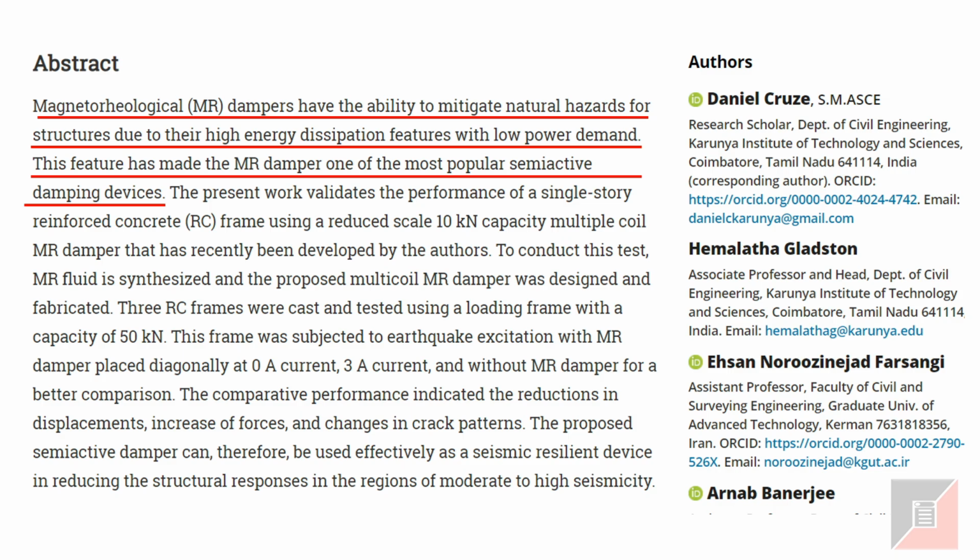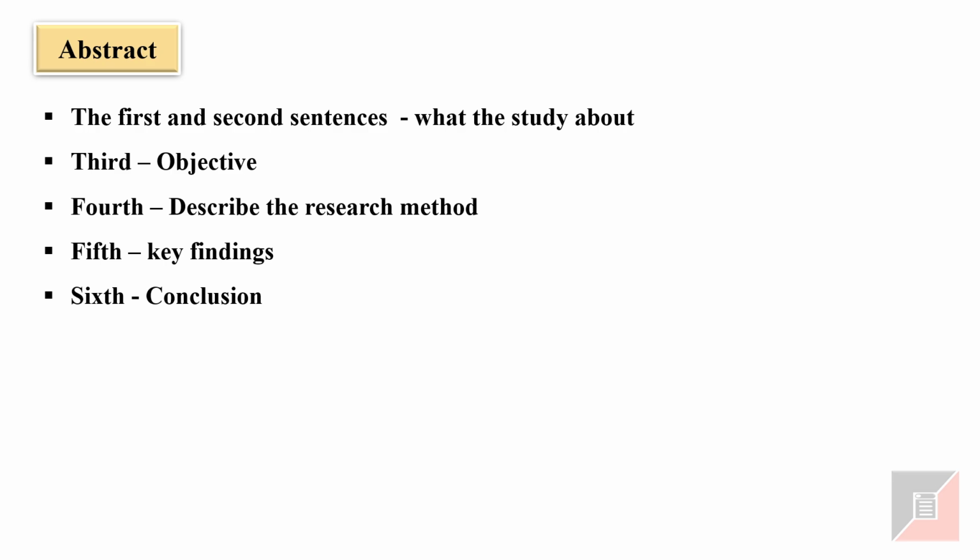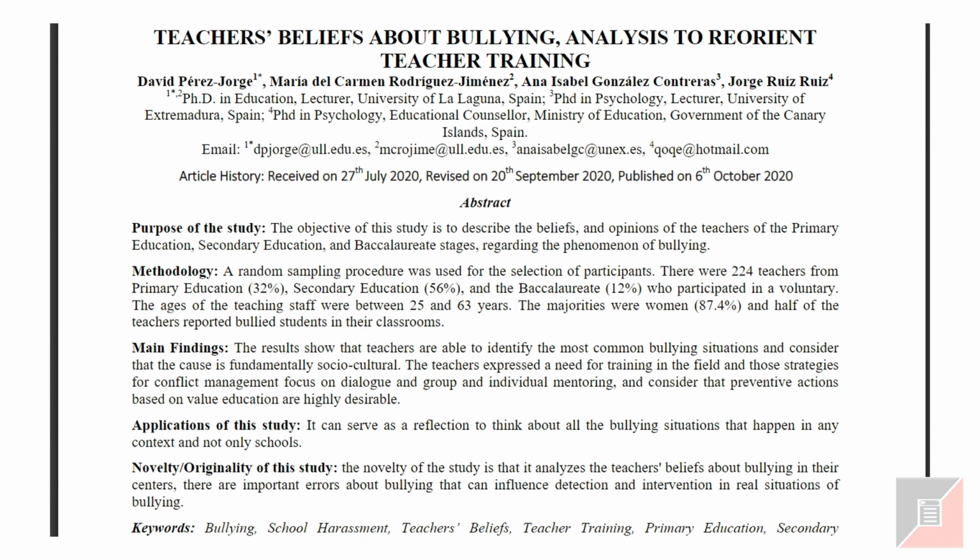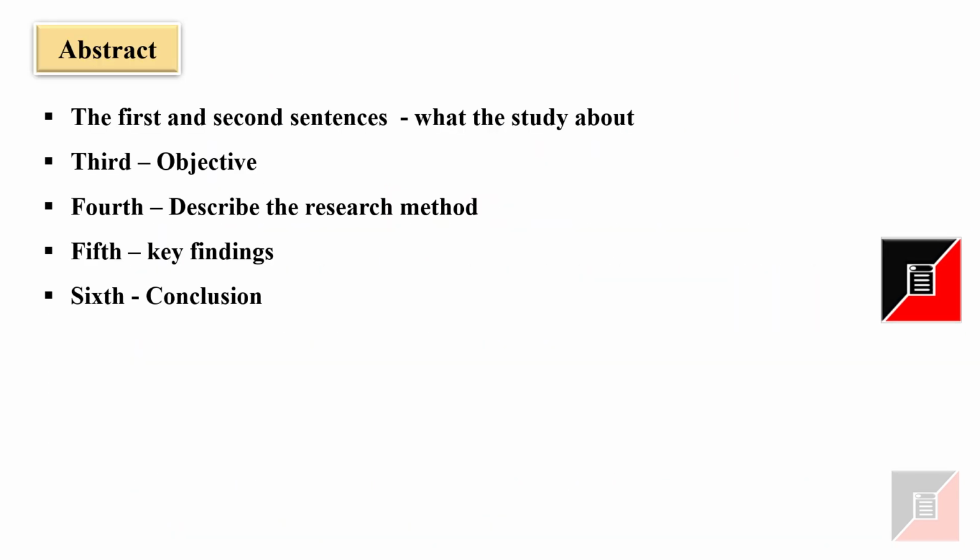Not only this article, if you go through some of the reputed journals, the abstract will be in a formatted way, not in some sentences as per our wish. So as we see here, the first and second sentences, how they should be, and the third, fourth, fifth and sixth sentences.